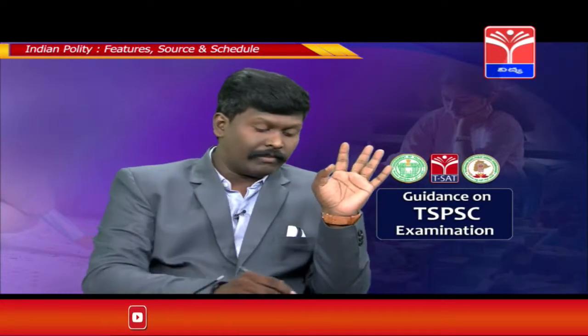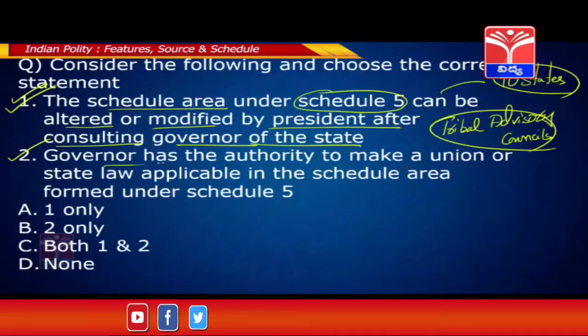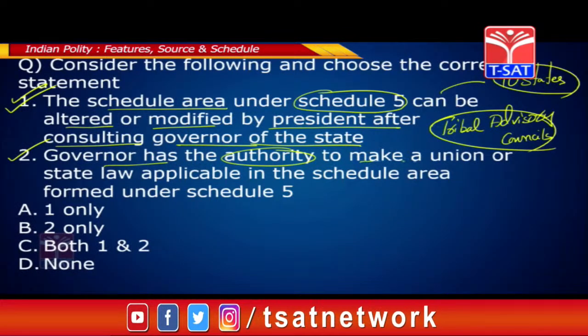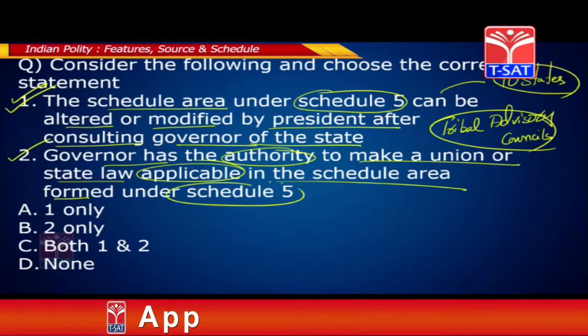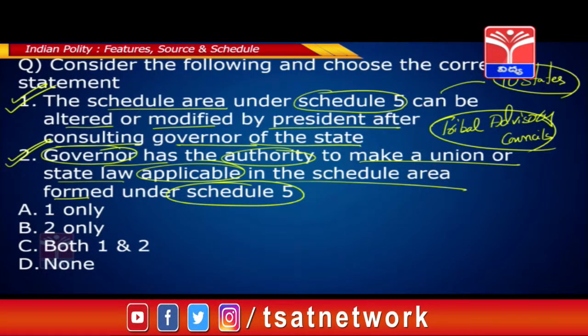Now look at the second one. Governor has the authority to make a union or state law applicable in the schedule area formed under Schedule 5. Many of the students I see think this is a wrong statement. They feel it should be President of India, not Governor, but it is an absolutely correct statement.